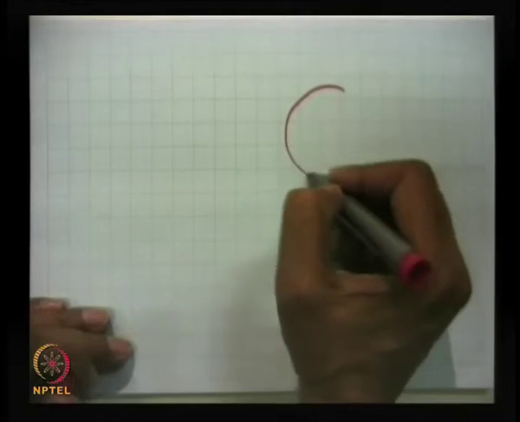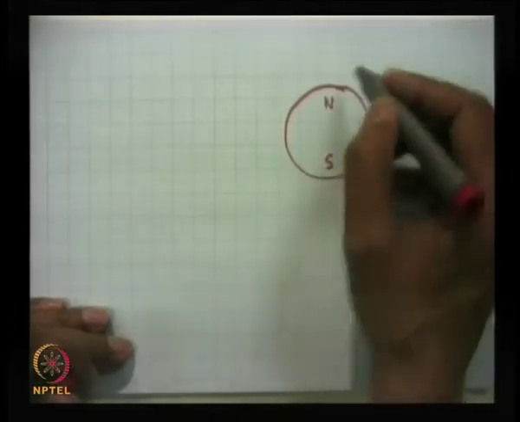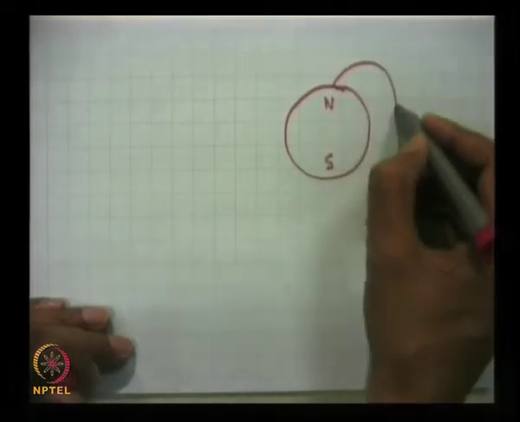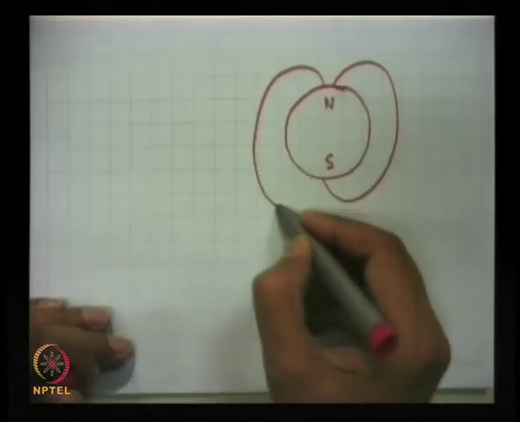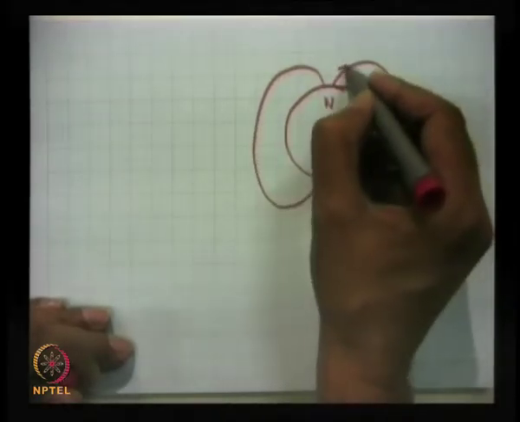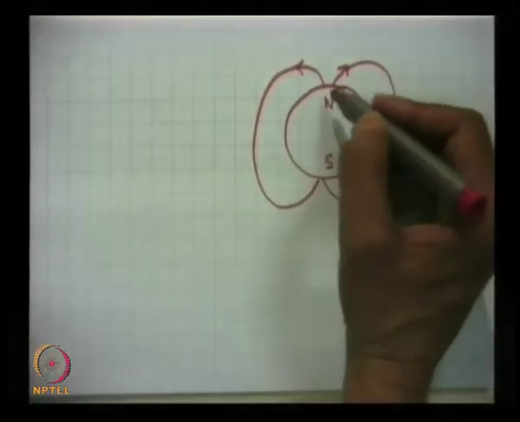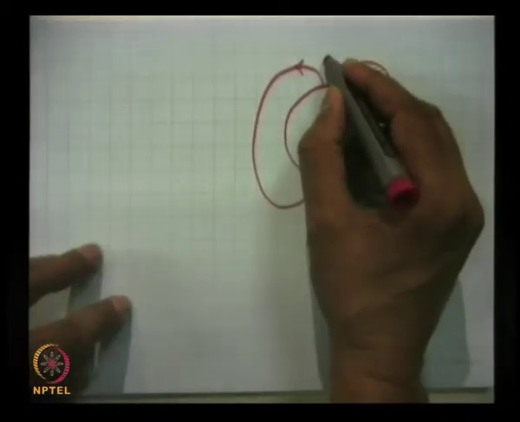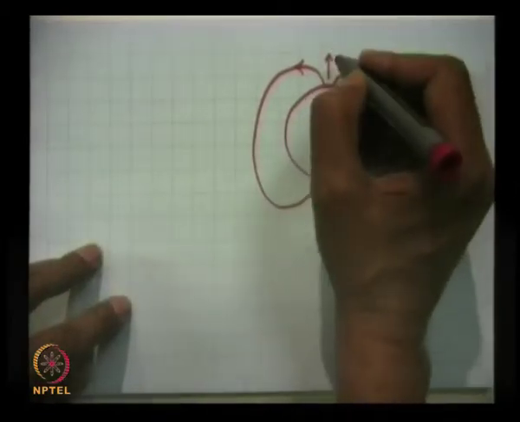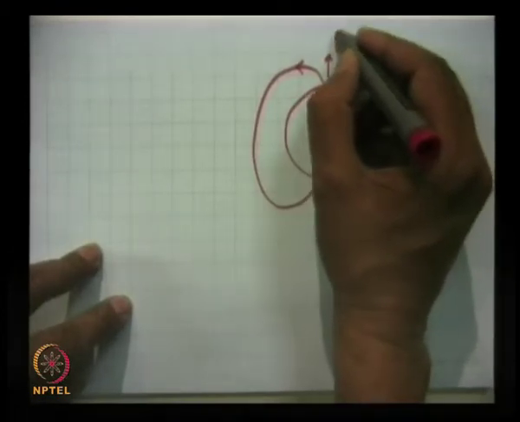Ionosphere is, suppose this is my earth, and suppose this is north pole of the earth, south pole of the earth. The lines of force go like this. They are the lines of force. So if you are in the polar region, this is the pole, this region is called polar region, and you launch a wave in this direction or at some angle, small angles, few degrees, then this is my direction of k.